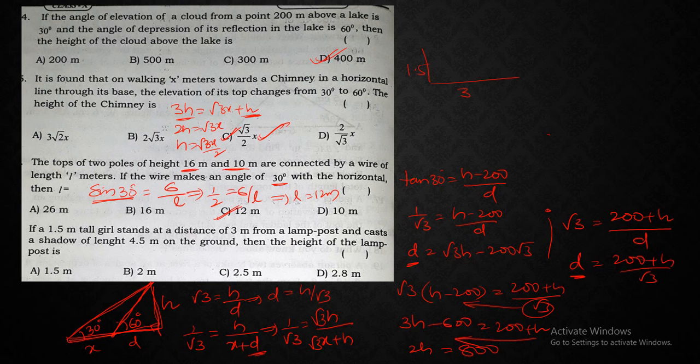So the question is, there is a lamppost, having some height h. Now there is a girl standing with a height of 1.5 meters, right? She is standing at a distance of 3 meters and she casts a shadow of 4.5 meters. Now if you observe this, clearly these are going to form similar triangles.